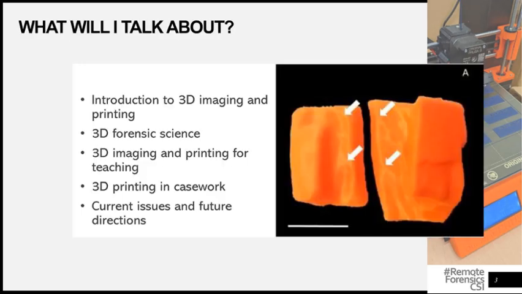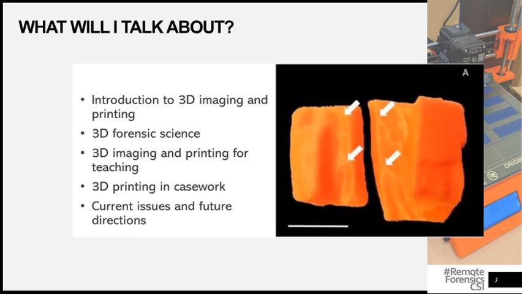So in order to do that, I'm going to start talking about forensic imaging, or 3D imaging, sorry, and printing more generally. So basically, what actually is it? What do we mean by these things? And then introduce you to a new subfield that has been defined by my wonderful colleague, Dr. Rachel Currew, who has coined this phrase 3D forensic science, or 3DFS.